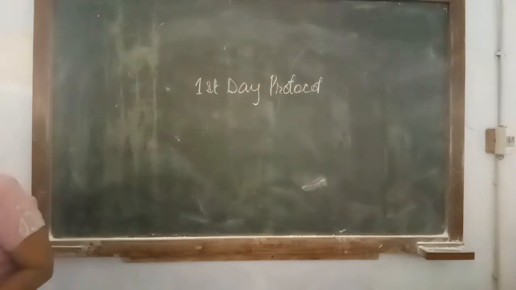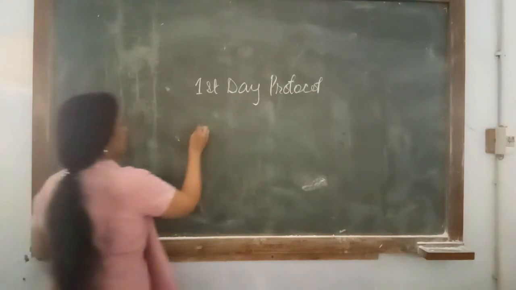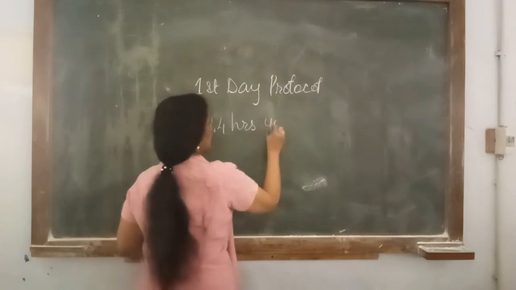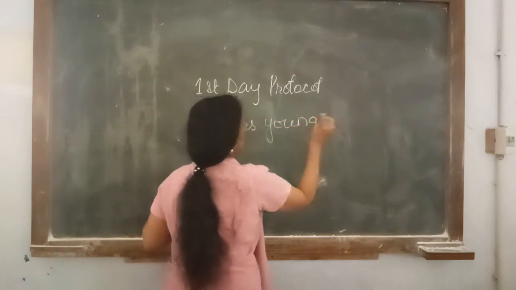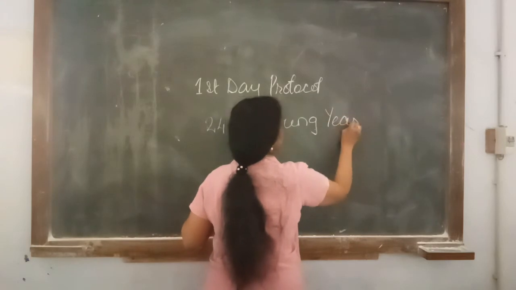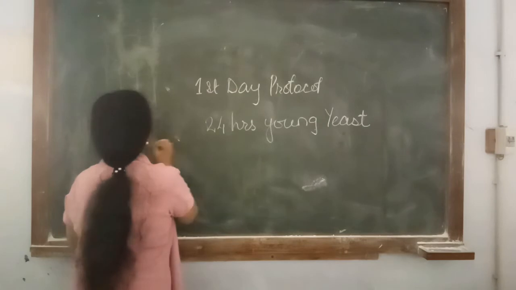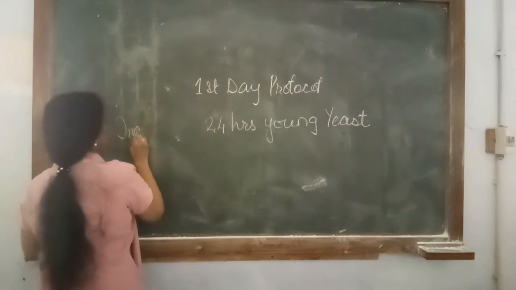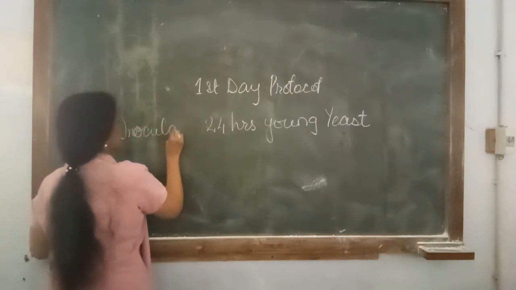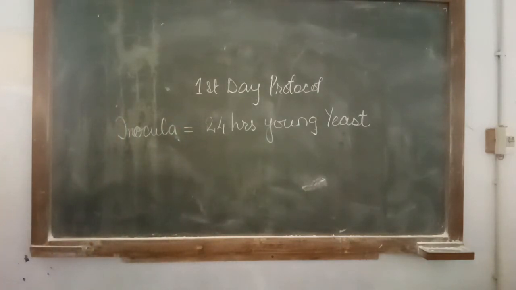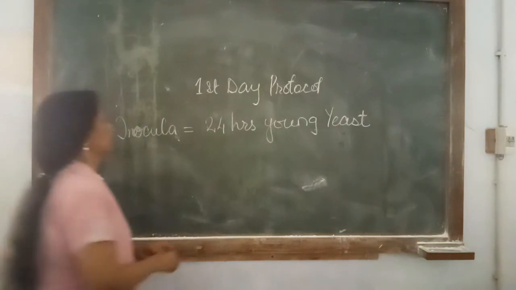Now we will switch over to the different steps. Very firstly, we take a fresh 24-hour grown young yeast culture, which we call the inoculum.